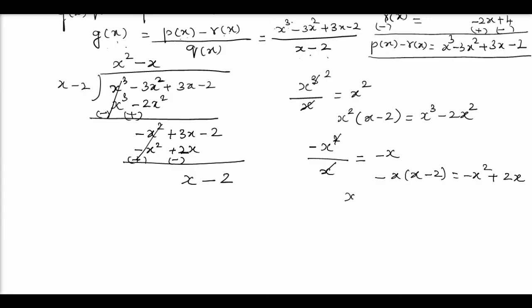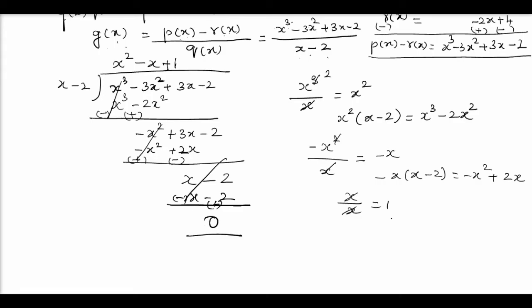Okay, now the first term divided by the first term of the divisor, you get 1. So this is the next term of the quotient, and 1 into x minus 2 is x minus 2. So when you subtract, you get 0 as the remainder.